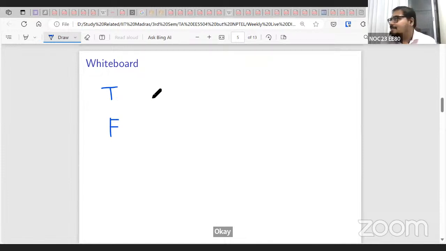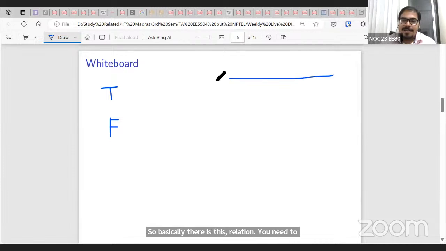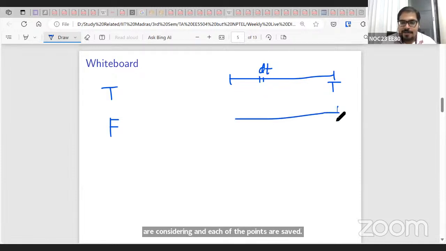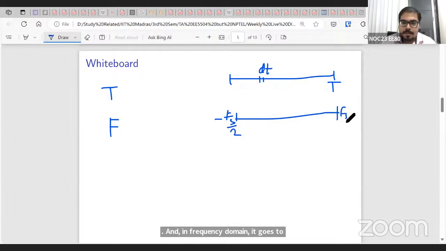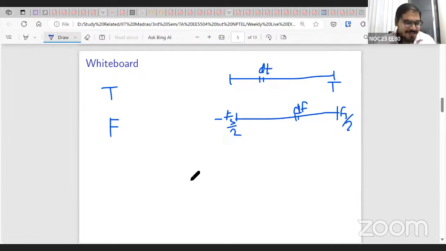So basically, there is this relation you need to consider. In time domain, there is this much time we are considering, and each of the points are dt apart, and in frequency domain it goes to some range. My drawing tablet died, so I can't write properly.